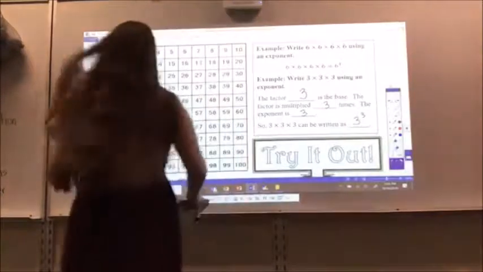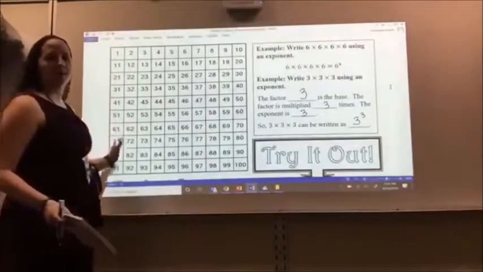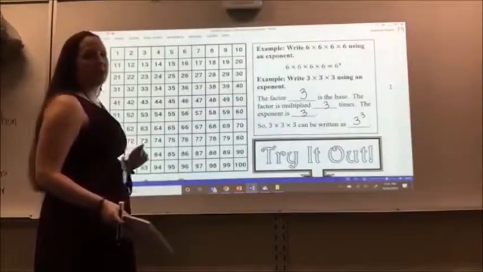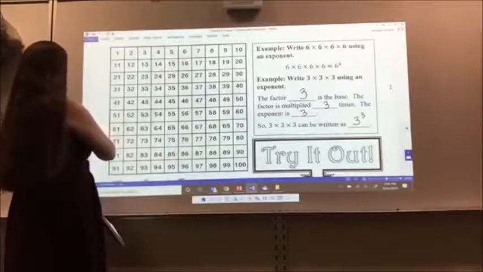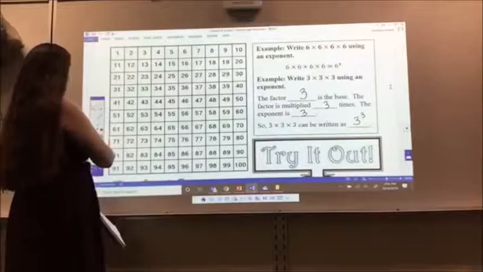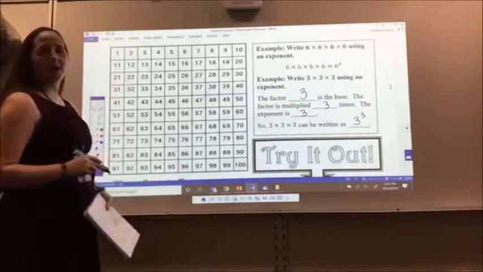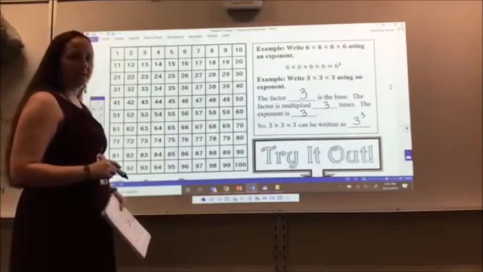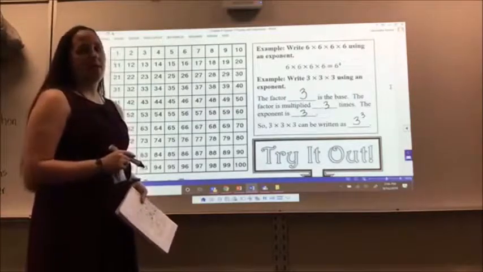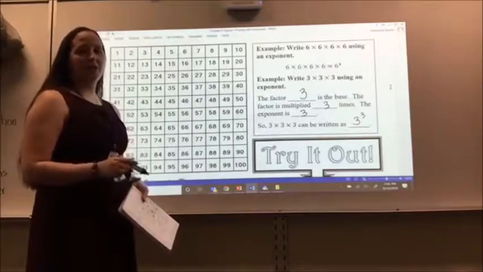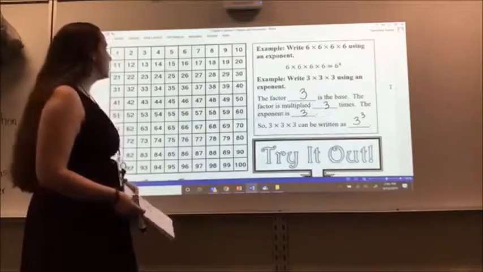This square right here, it's a hundreds chart. What you're actually going to be doing is you're going to color the squares red, the cubes blue, and the ones that are square and cubes, you're going to color them purple. Okay?